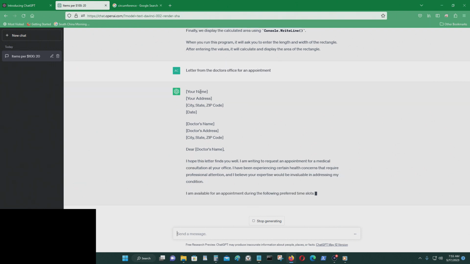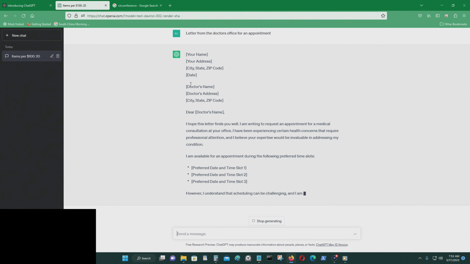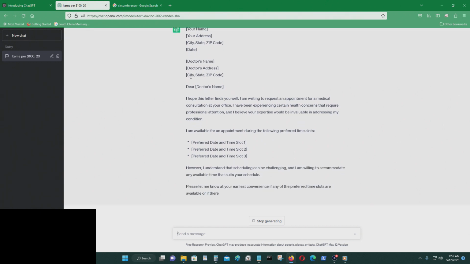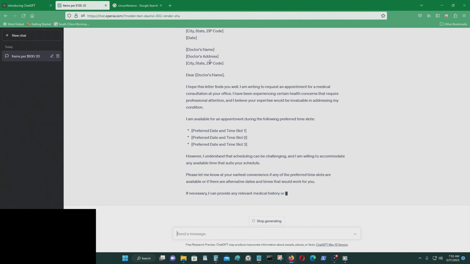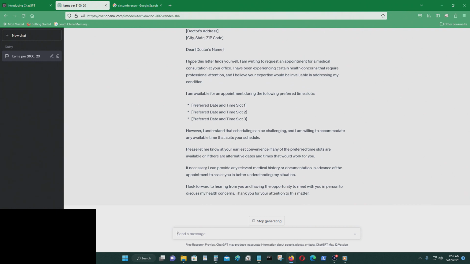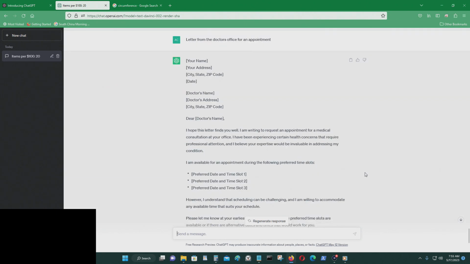You could enter your name, the name of the patient right here. I guess this is for the doctor's name, the address for the doctor's office, city, state, zip code, doctor's name. Wow. Okay. Let's read it. You put the patient's information here, the doctor's office information here, doctor's name.